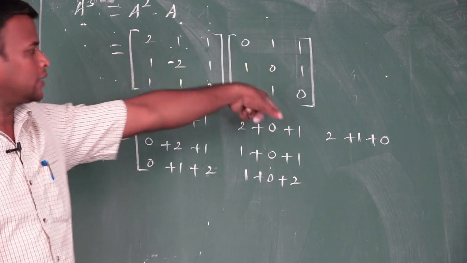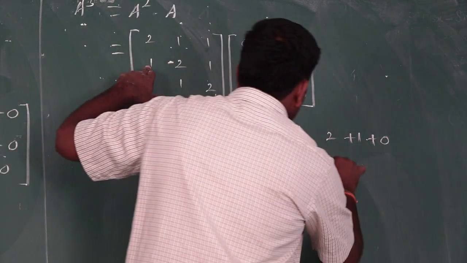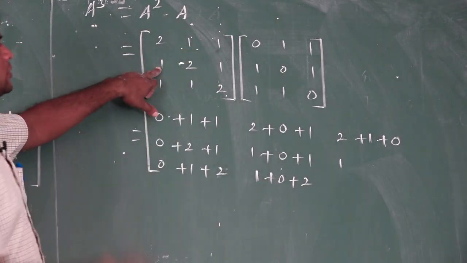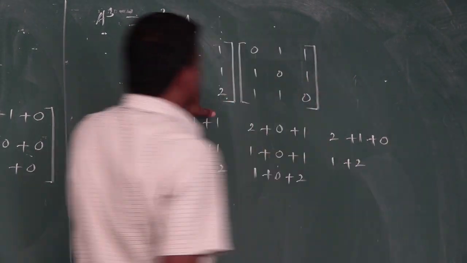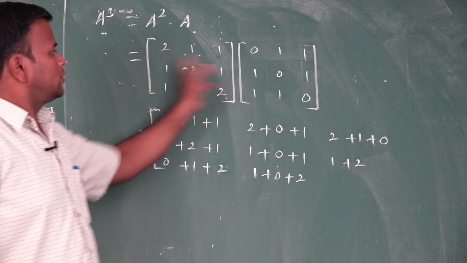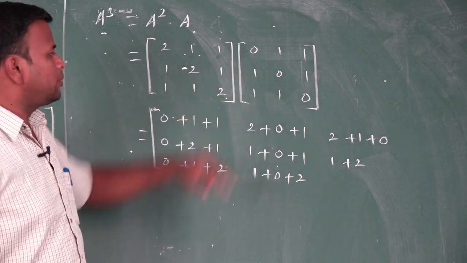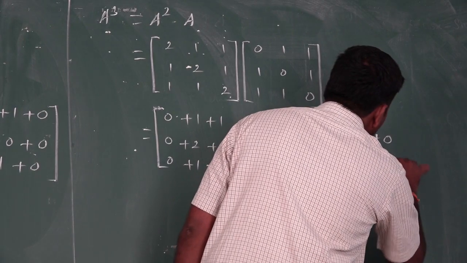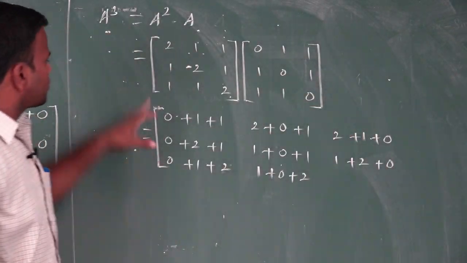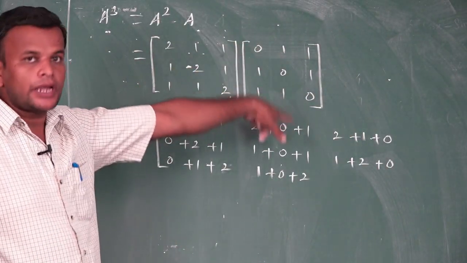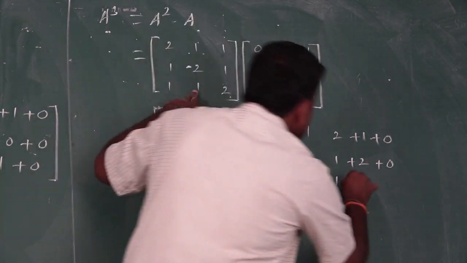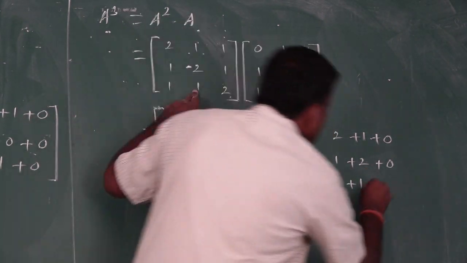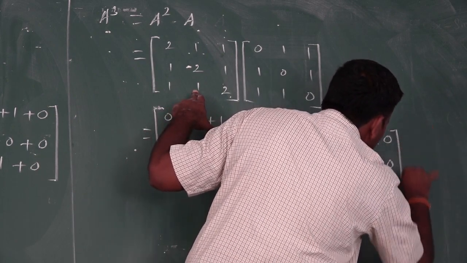Second row, third column: 1 ones are 1 plus 2 ones are 2 plus 1 into 0 is 0. Third row, third column: 1 ones are 1 plus 1 ones are 1 plus 2 into 0 is 0.